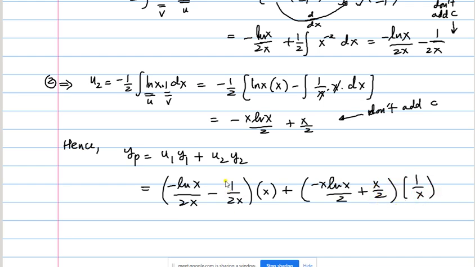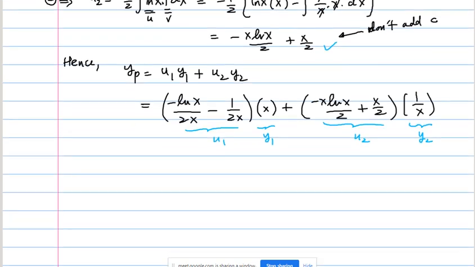So I put the values of u1, y1, u2, y2. I put the values from u1 and u2, and y1 and y2 from the beginning. Okay, so this is what you got.